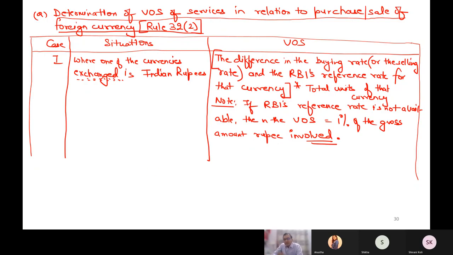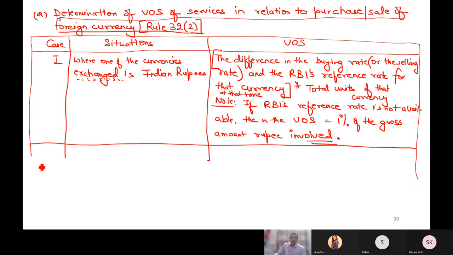The moment you are changing it, what is the RBI's rate for that currency at that time? Multiplied by total units. If RBI's reference rate is not available, then at least you know how much Indian rupee is involved, multiplied by 1%. That's it.